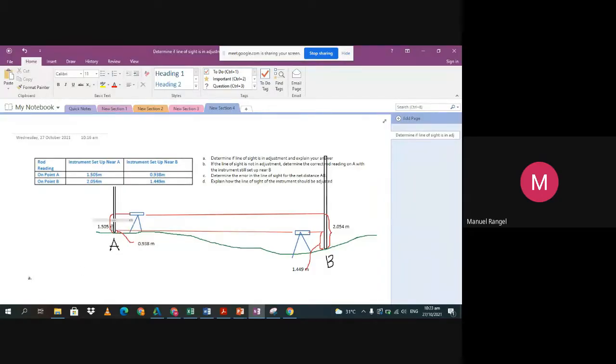So first we get the difference in elevation at point A. That is 1.505, the reading at point A, then the other is 2.054. So the difference in elevation at A is equal to 1.505 minus 2.054, which equals negative 0.549 meters. So that's the difference. Negative means downward.